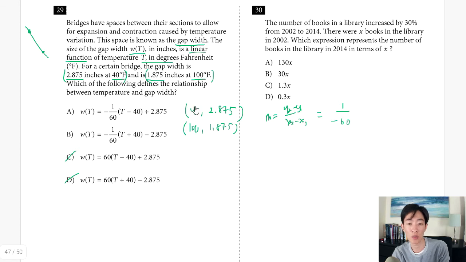Basically what I'm going to do is plug in each point and see if they work, and then eliminate the choice that doesn't work. So for choice A, we have negative 1 over 60, and I'm going to use my first point: 40 minus 40 plus 2.875, and that should give us the W of T value, or the Y value, 2.875.